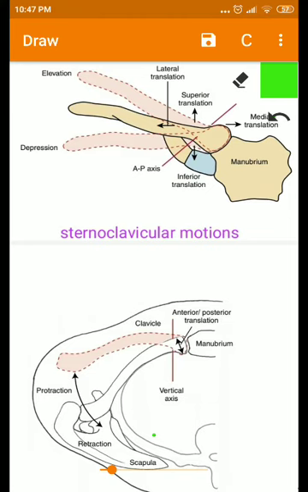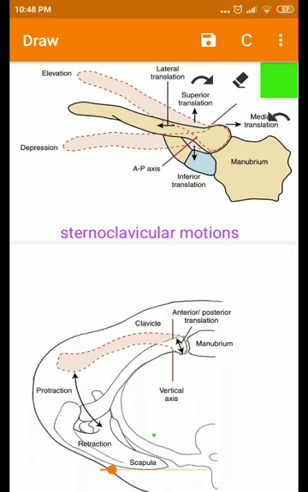The translations of the medial clavicle on the manubrium are usually defined as anterior and posterior, medial and lateral, and superior and inferior translation. So these are the three types of translations of the medial clavicle on the manubrium.